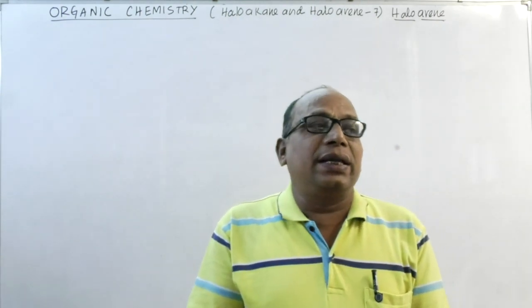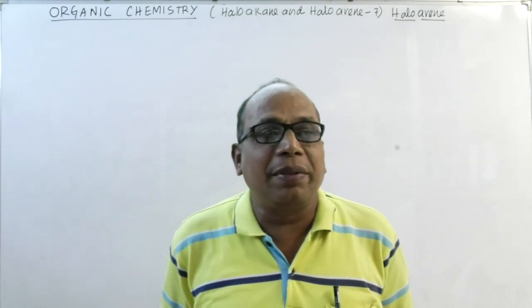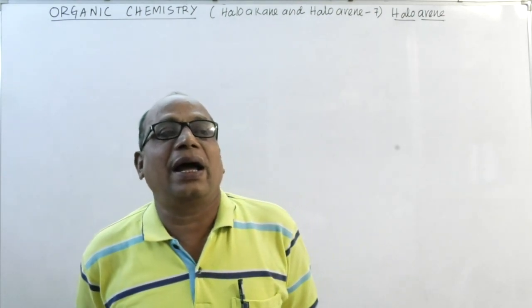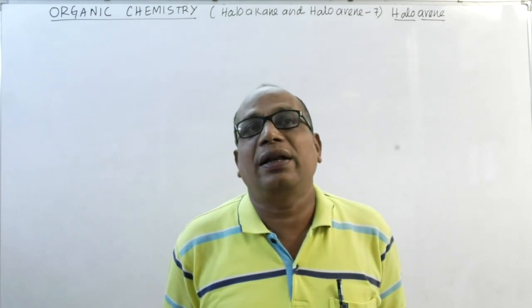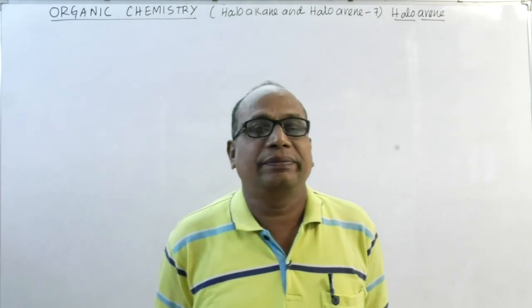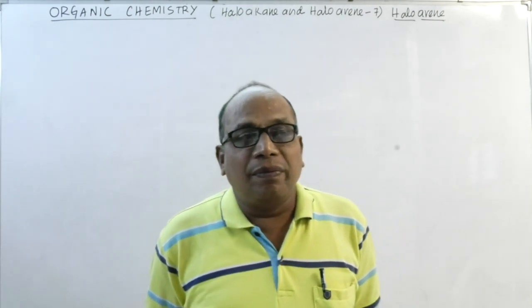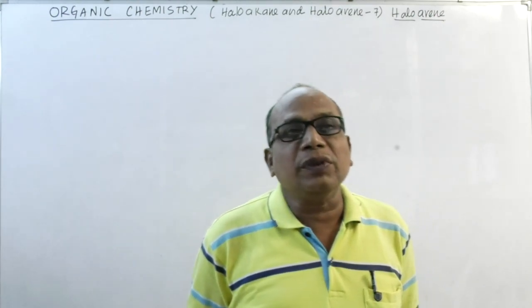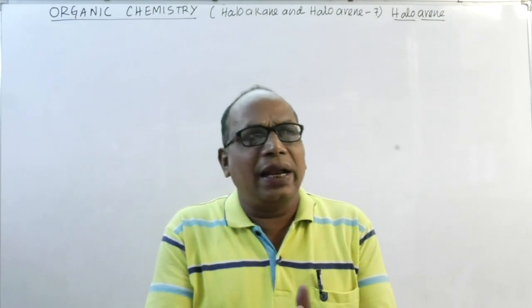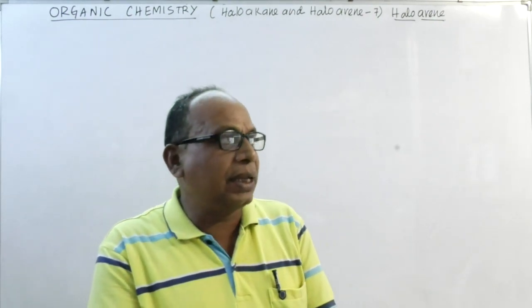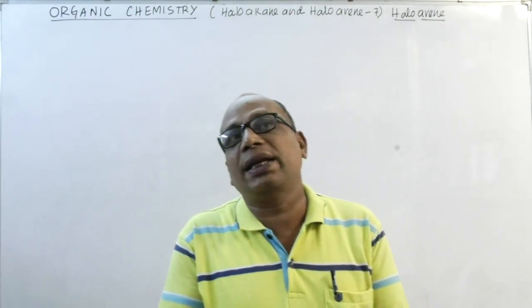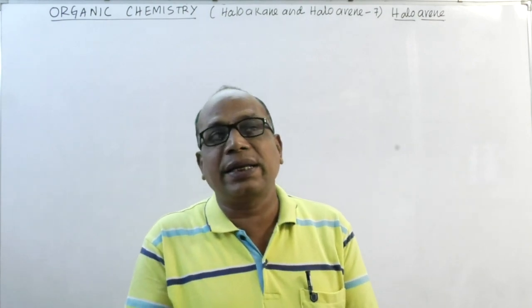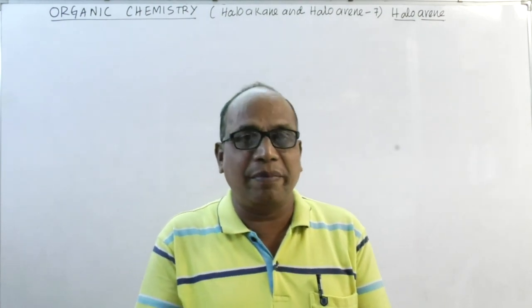And we discussed the reaction of alkyl halide with metal. When the alkyl halide reacts with a metal, it undergoes the Wurtz reaction, and when it reacts with magnesium, it forms a Grignard reagent. We have already discussed that the alkyl halide is a key compound for the organic chemist.